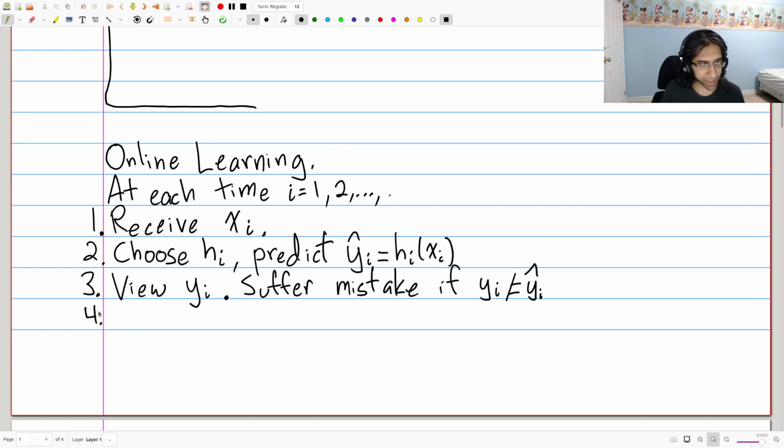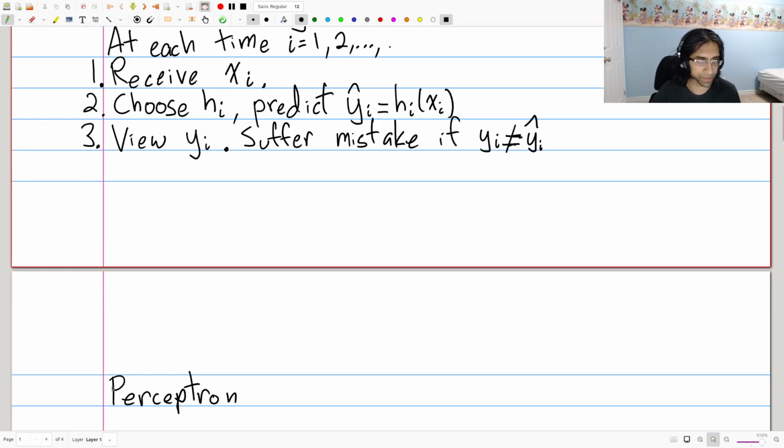That's basically it. So the idea is each time step we receive a point, then we choose a function and predict, and we get to see the true label. If our prediction was different from the true label, we suffer a mistake, otherwise we don't, and then we proceed, where each time the function depends on whether we made a mistake in the previous iterations or not.